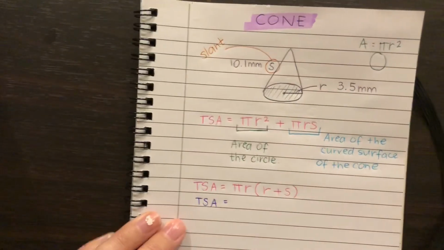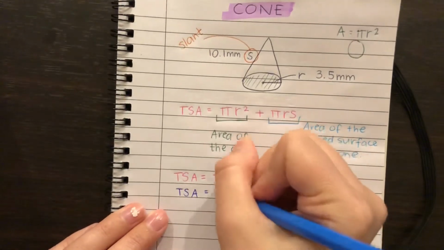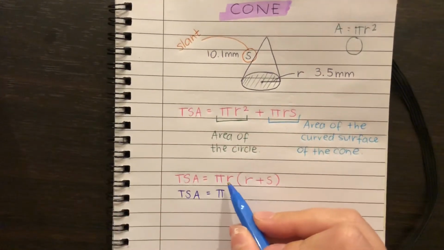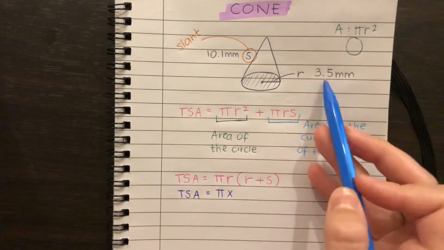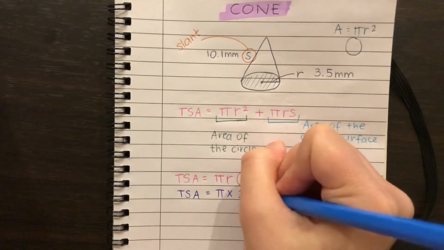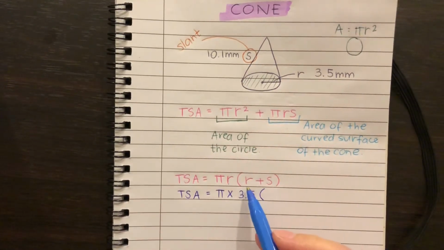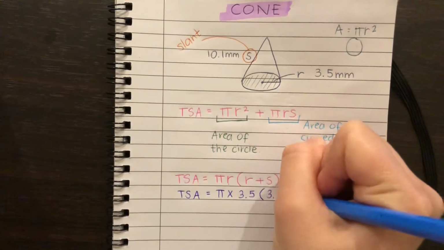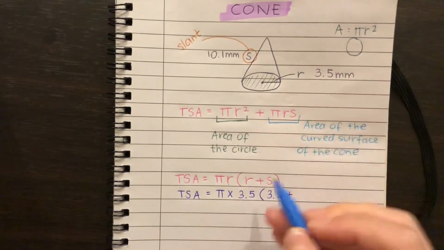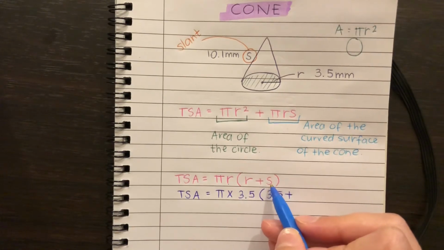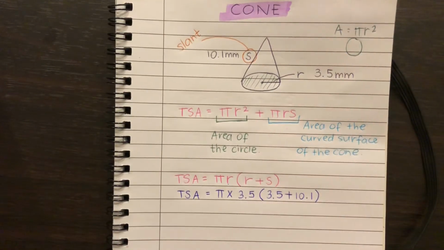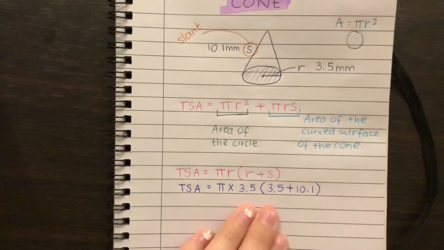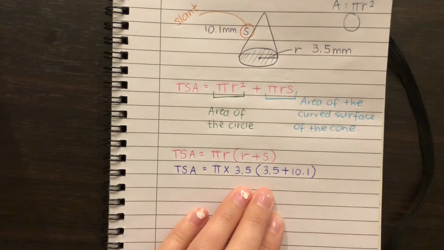TSA equals, now the pi, no gaps equals imaginary times sign, so times the radius, which is 3.5, bracket the radius again, plus our slant, and the slant is 10.1. Closed bracket.